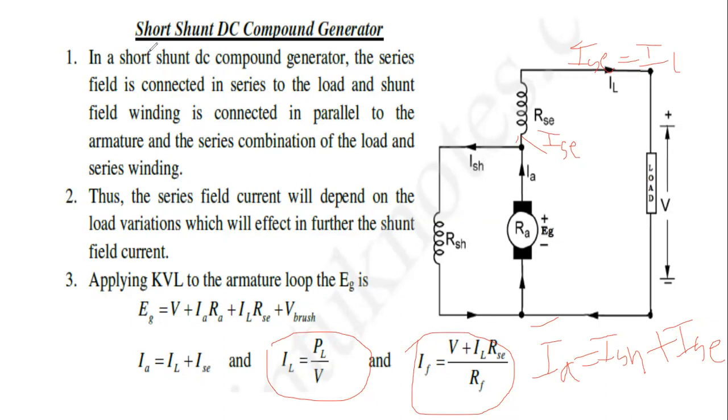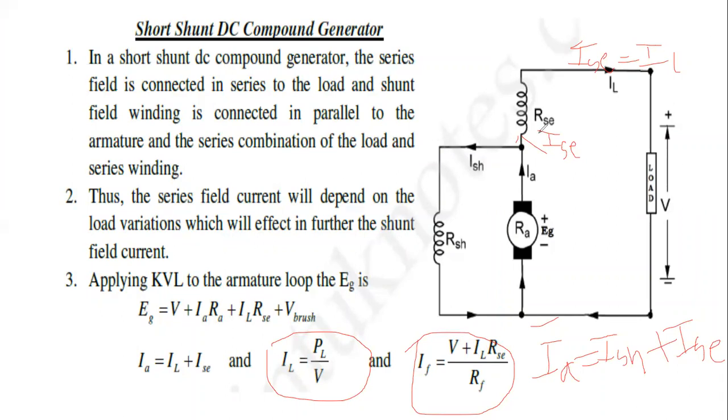Short shunt compound generator means the shunt field winding is connected in parallel to the armature, and the series field winding is connected in series to the armature. Then it is called the short shunt compound generator.